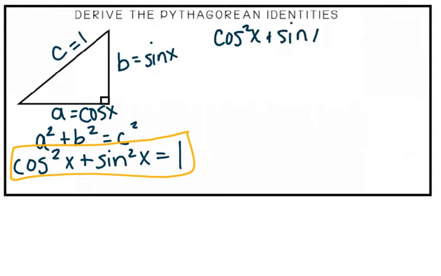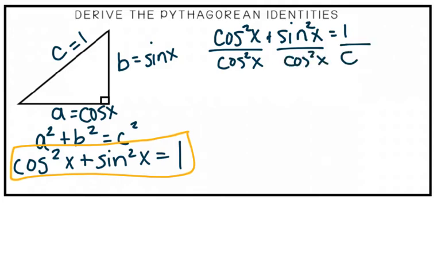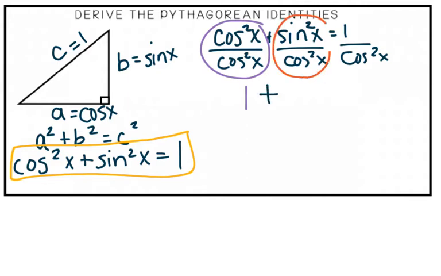and let's say we just divide everything by cosine squared. Alright, so from that identity, cosine squared divided by cosine squared will just be 1. This is another thing that we should remember. Tangent is equal to sine divided by cosine.